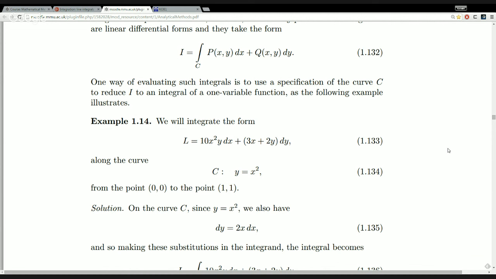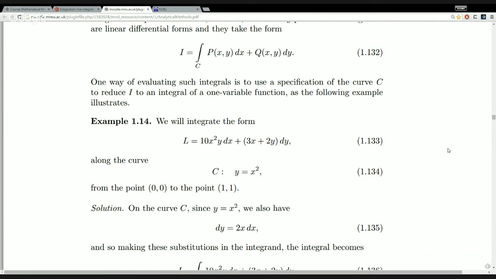And we're integrating along the curve C, where C goes from the origin to the point 1, 1 along the curve specified by y equals x squared. If I just draw the xy plane, I've got the origin 0, 0, the point 1, 1, and I'm moving along this y equals x squared curve.